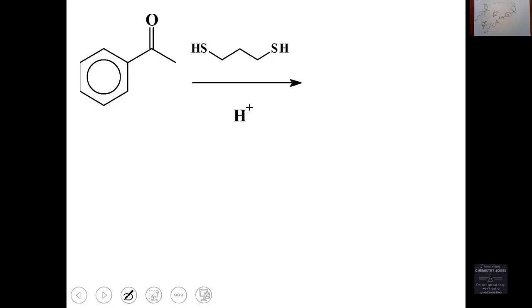So I just showed you how to make a cyclic acetal out of a diol. Can this thing make a cyclic acetal? No, because we've got sulfurs here instead of oxygens. I've got a dithiol instead of a dialcohol. But it can make a similar thing to an acetal.